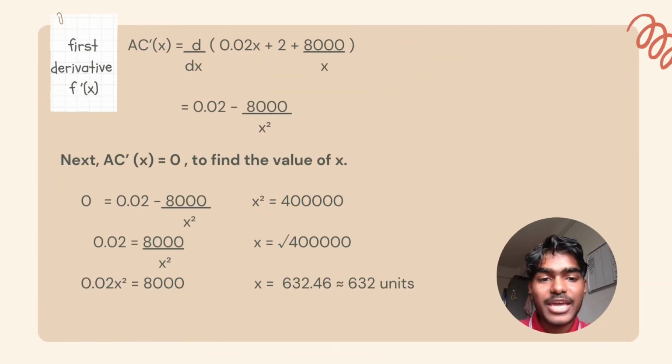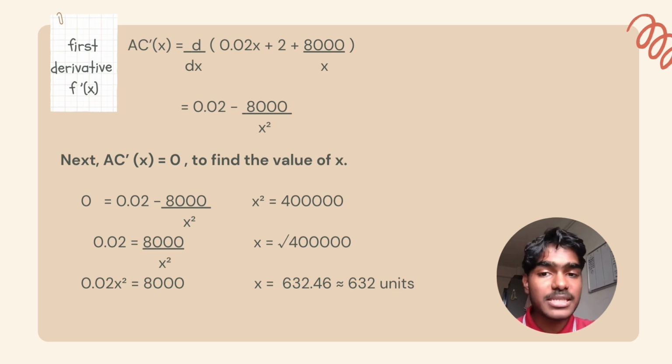In the first step, we have found the average cost function. Next, we have to find the level of production that minimizes the average cost. First, we have to find the first derivative of the average cost function, and we will get 0.02 minus 8,000 per x squared. Next, we need to find the level of production, which is x, what units of x is produced when average cost is minimum.